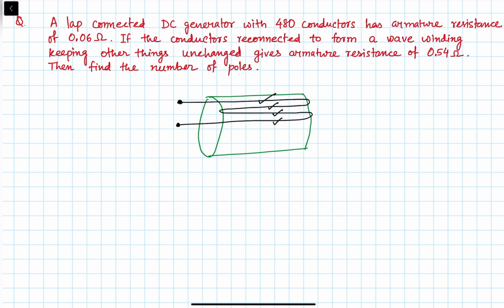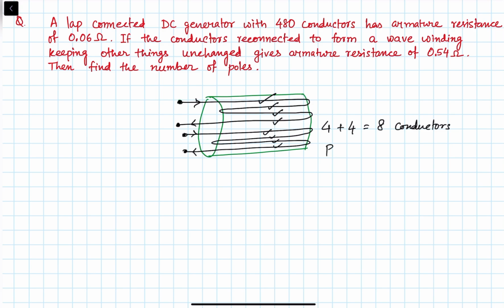This is how we count the number of conductors. Now if I take another length and do like this, it is total 4 plus 4, that will be 8 conductors. And the number of parallel paths will be 2.